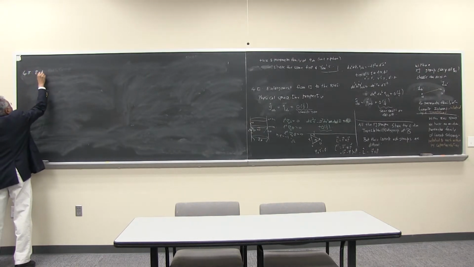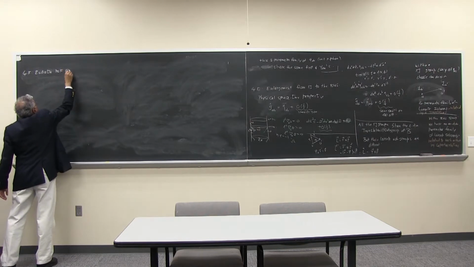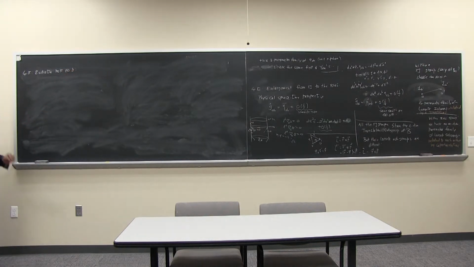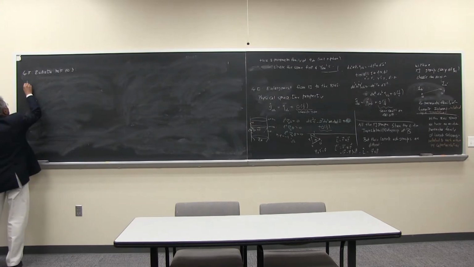Radiative degrees of freedom. So what are the radiative degrees of freedom of Scri? How are we going to get them?